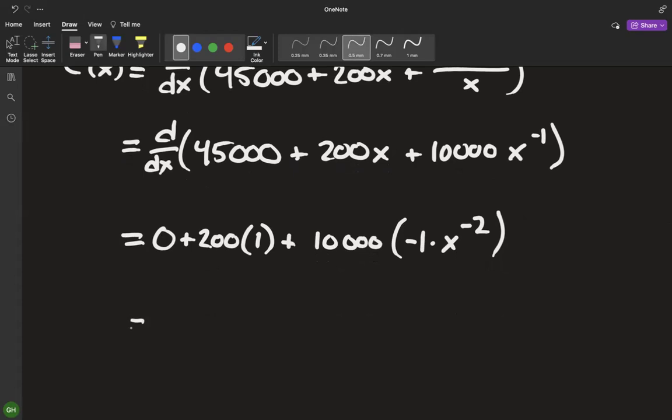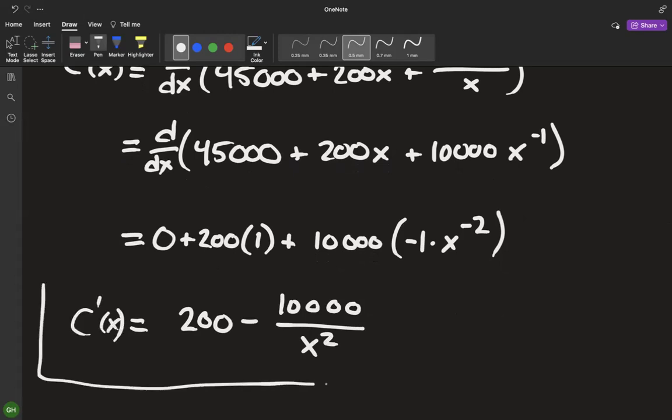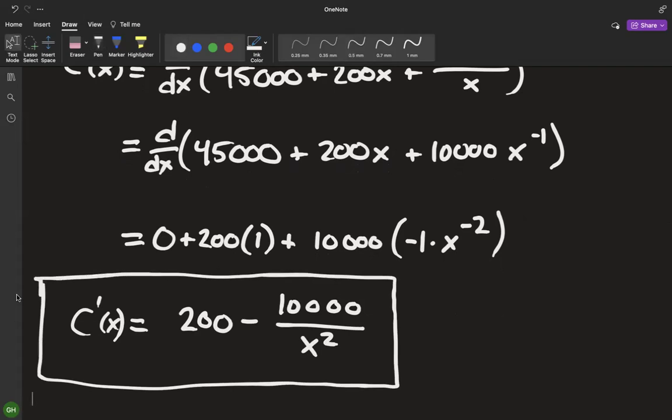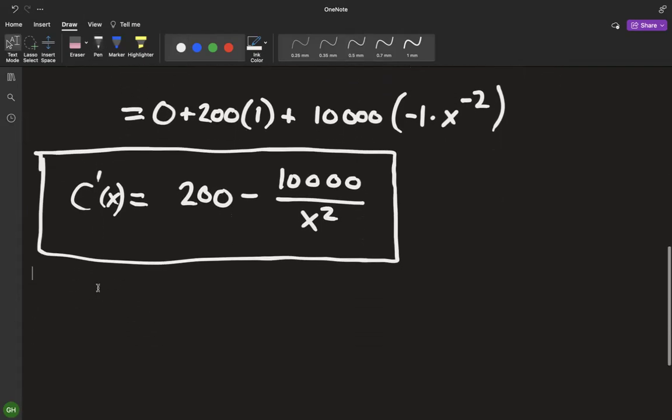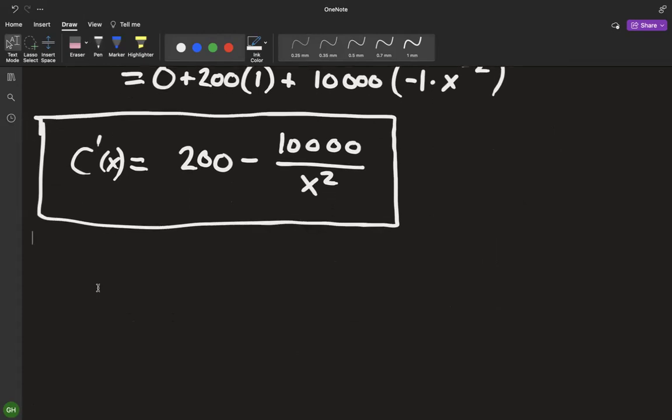So this is equal to 200 minus 10,000 over x squared. So this is our marginal cost function.